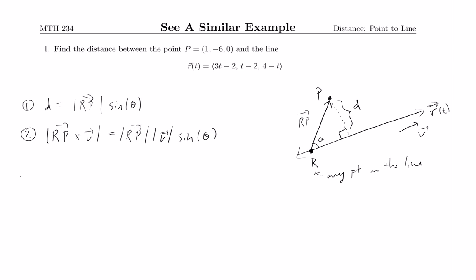And now what you should notice is that in these two equations, the right-hand sides are almost exactly the same. The one on the top, equation 1, is just missing the length of V. So let's take equation 2 and divide everything by the length of V. And now the right-hand side is the same as the right-hand side of equation 1.